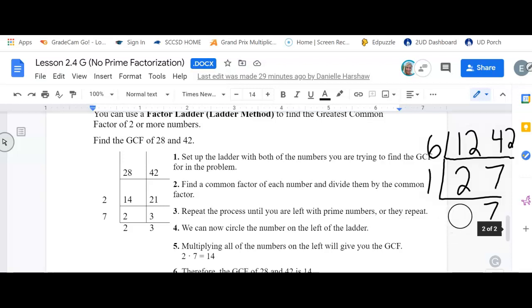So go back to your answer before. What was the greatest common factor of 12 and 42? Chris? 6. It was 6. Where's the answer for the greatest common factor using the ladder method?